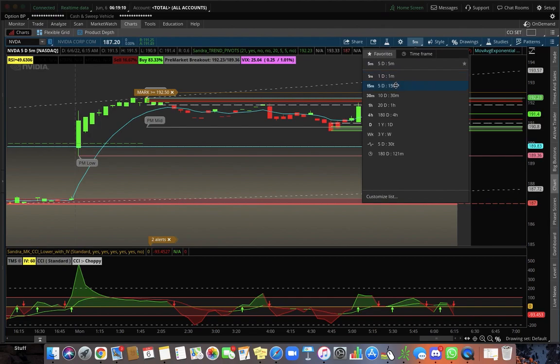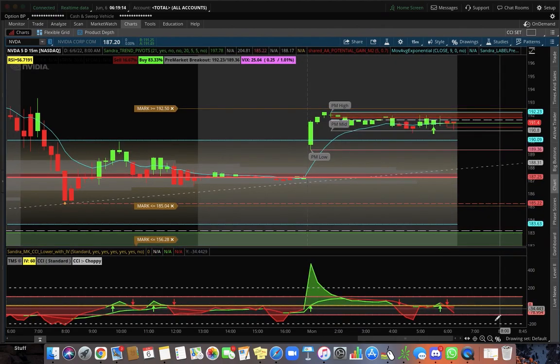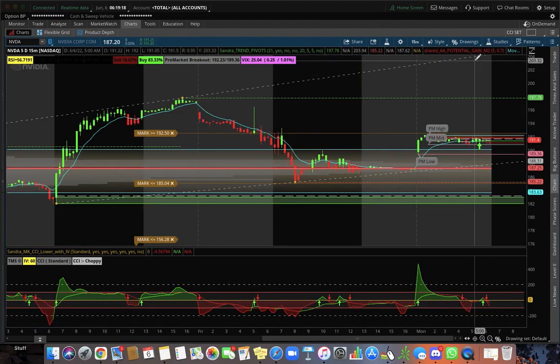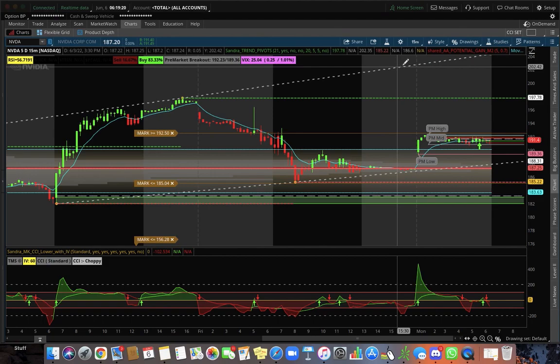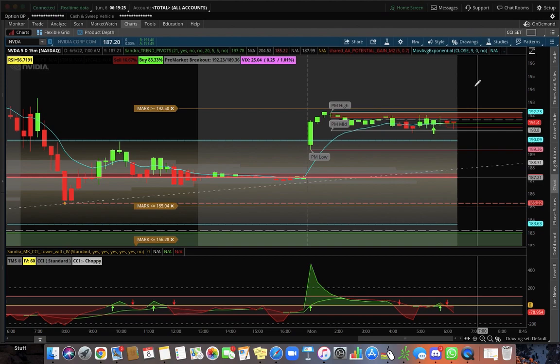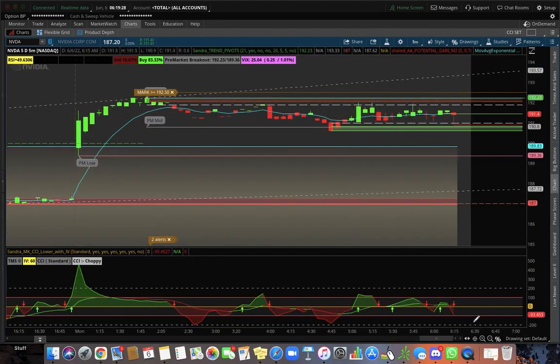Now, if we look at it on a longer time frame, you can see that that line on a 15-minute chart is not going to affect us until we get into the 200s. But the deal is, can your account withstand a 15-minute candle?